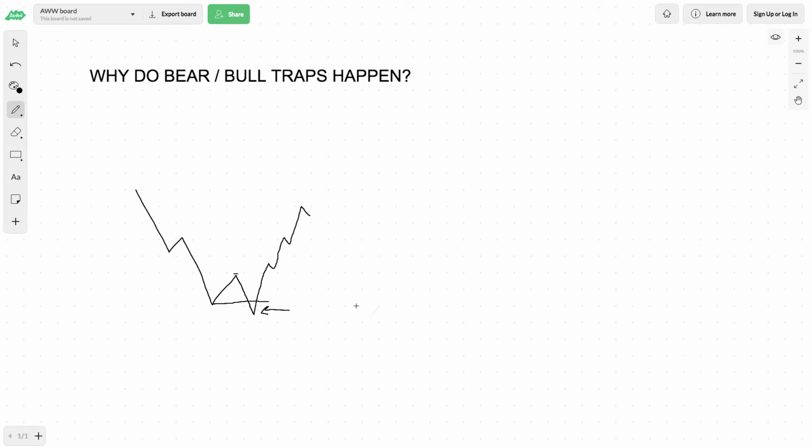The same thing obviously would be for a bull trap. This is just one of the bull traps. We're going to look at a recent bull trap that happened a couple of days ago with the dollar, and I'm also going to explain why it happens. So a bull trap would be any kind of bullish break of a level.